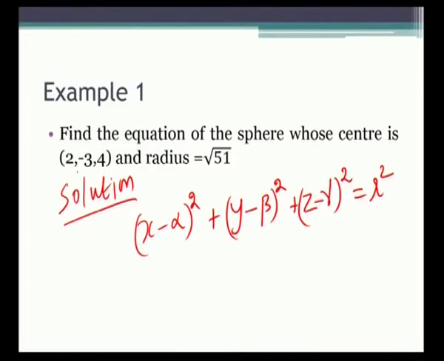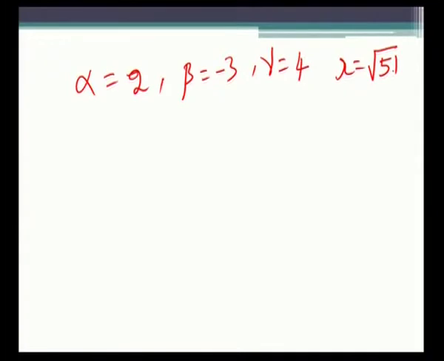Now, in this problem center is (2, -3, 4) and radius is equal to square root of 51. Substitute these in this equation, that is alpha is equal to 2, beta is equal to minus 3 and gamma is equal to 4, then radius r is equal to square root of 51.